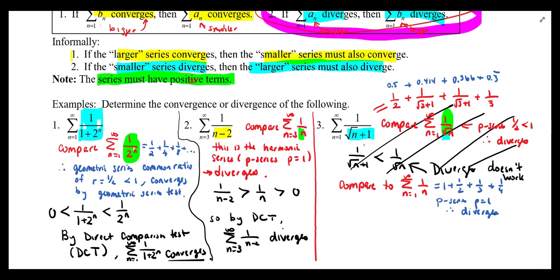But what's different about this one here? Which is bigger, 1 over root n plus 1 or 1 over n? That's right. Which one's bigger? So now I'm going to ask you to compare once again. Which one is bigger? This one in blue, 1 over root n plus 1, or 1 over root n?